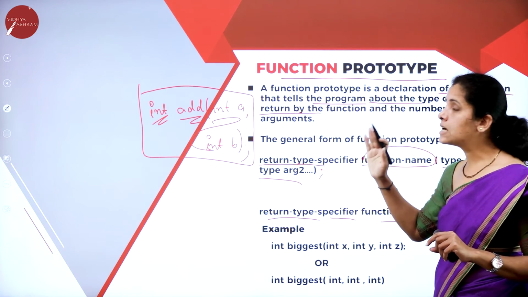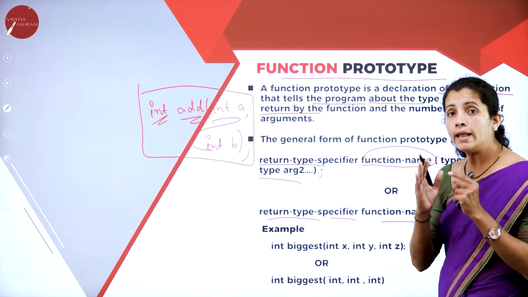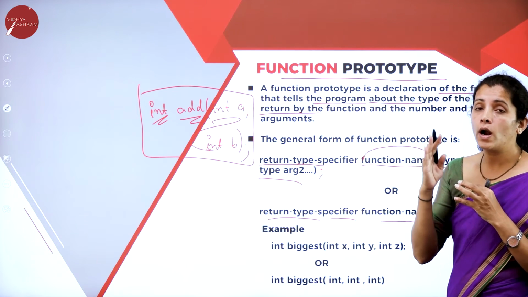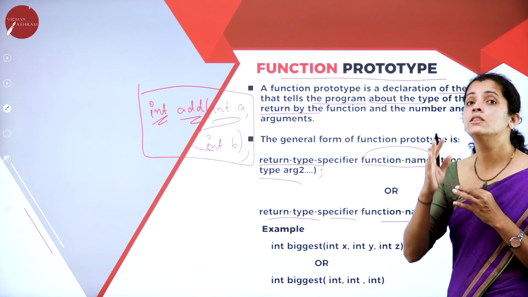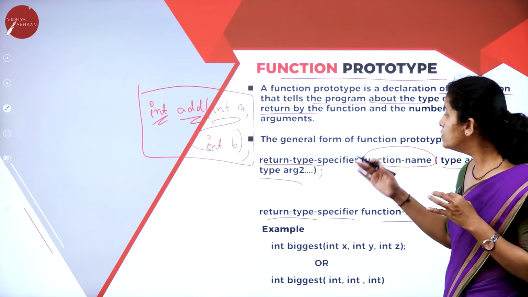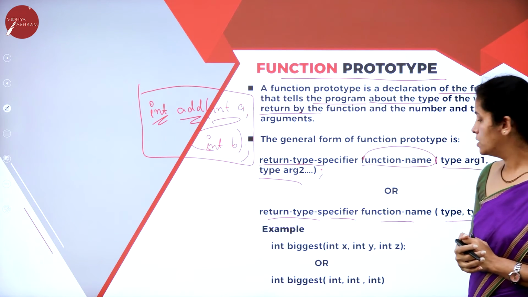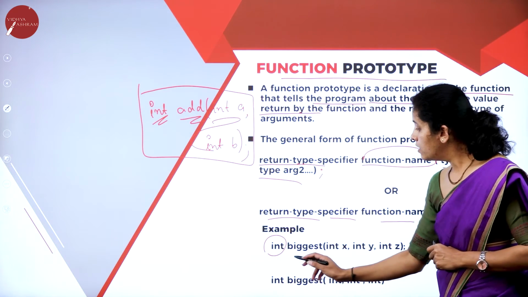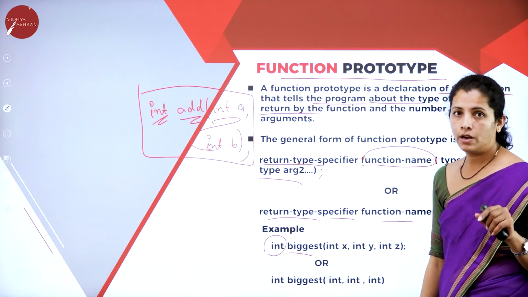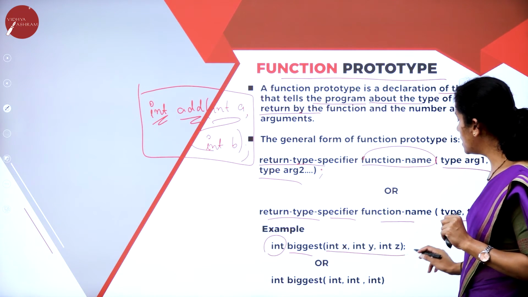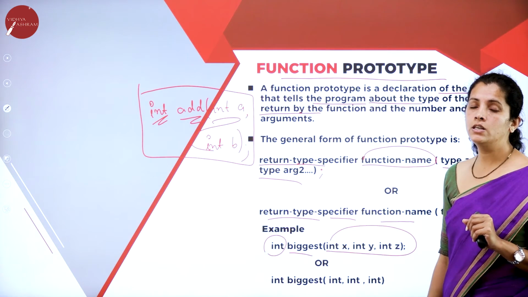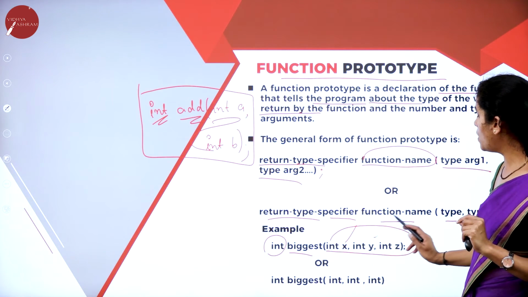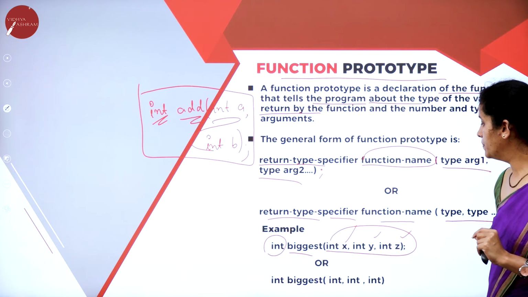This tells the compiler what the function name, the return type, and the number of arguments used by this function are. Here int is the data type, biggest is the function name, and these are the arguments. It's going to hold three arguments x, y and z.